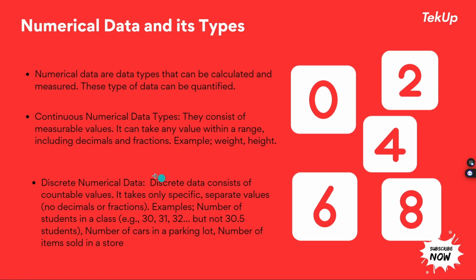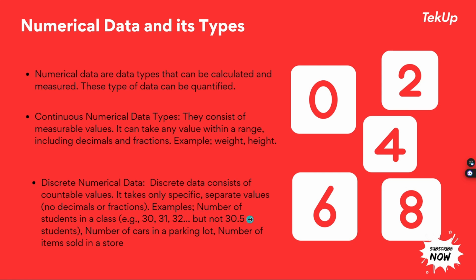You can deduce one major difference between the continuous and the discrete numerical data types. The continuous type can take any value within a range, including decimals and fractions, but the discrete type doesn't take decimals or fractions. An example is the number of students in a class, where we have 30, 31, 32, but not 30.5.